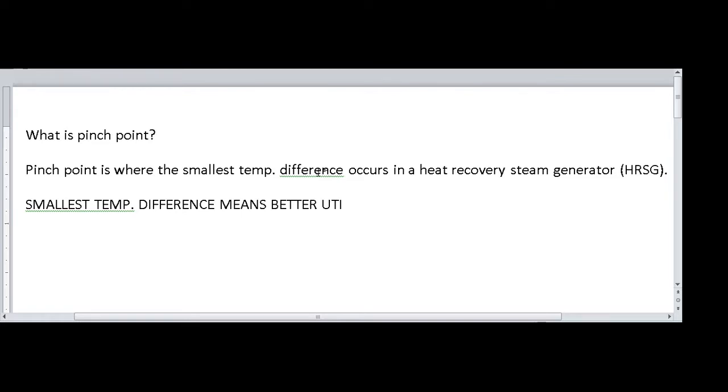Better utilization of the flue gas heat, right? So far that note would be enough for the understanding of pinch point. Okay, so now let's see the next part of the video.